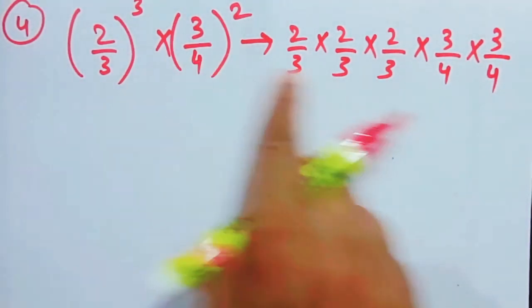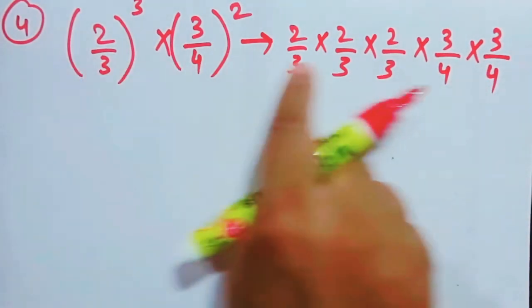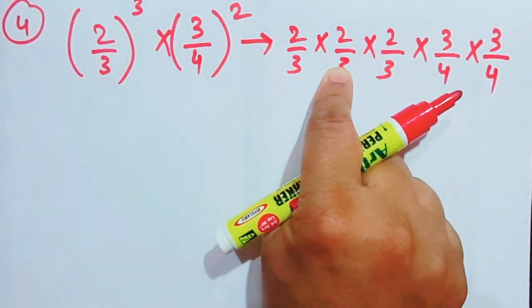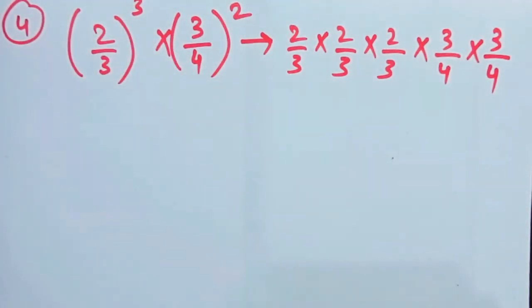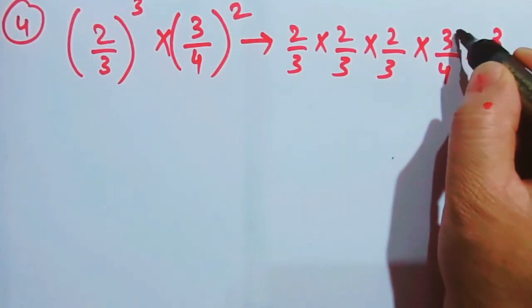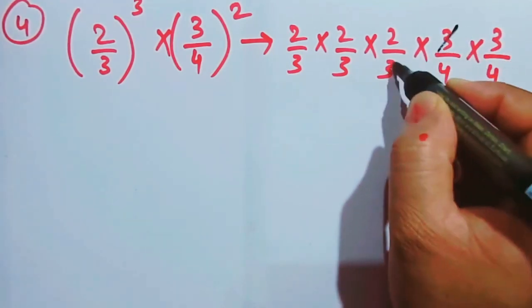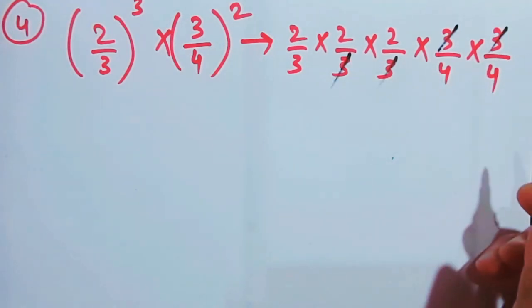3 by 4 has been repeated 2 times, and 2 by 3 has been repeated 3 times because the power is 3. Now you can check whether they cancel or not. So instead of multiplying, you can cancel over here. 3 will get cancelled, 3 will get cancelled.